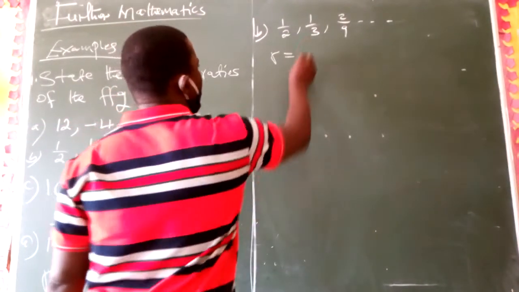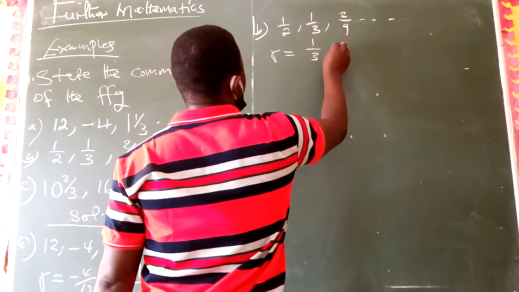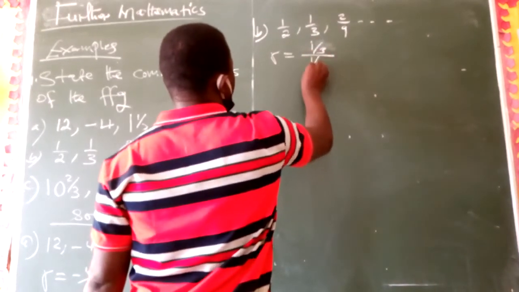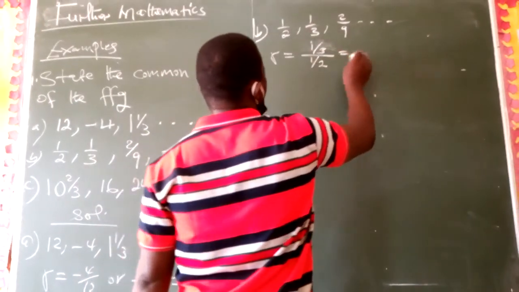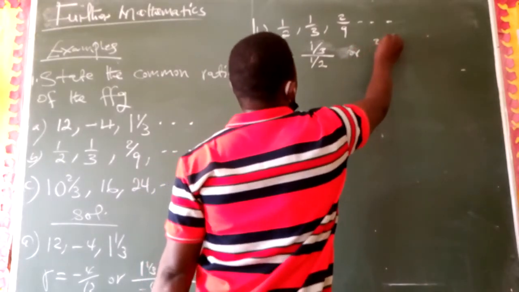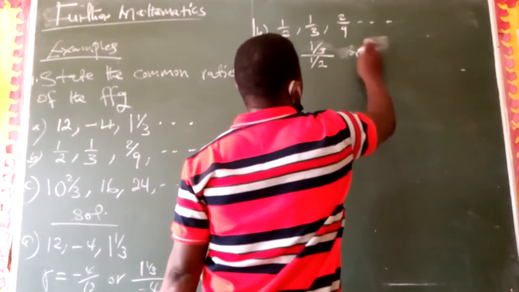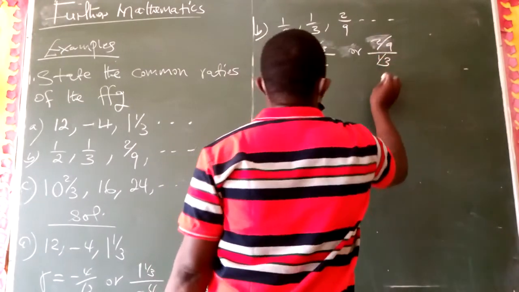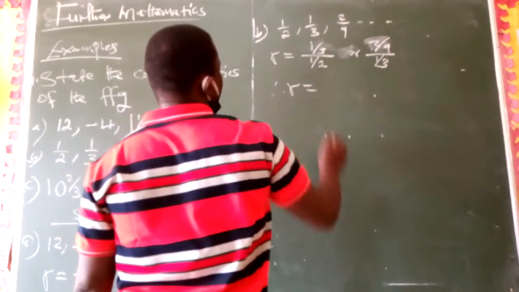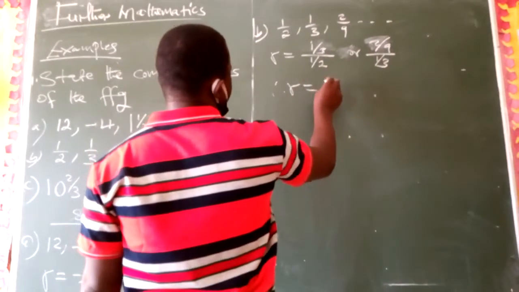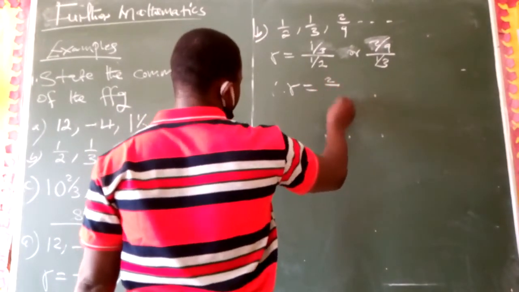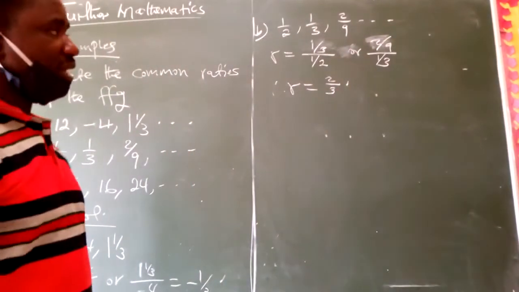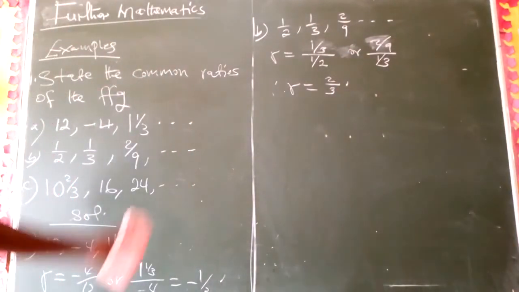So here we have 1 over 3 over 1 over 2, or 2 over 9 over 1 over 3. So in each case, R is going to be 2 over 3 if you work it out.